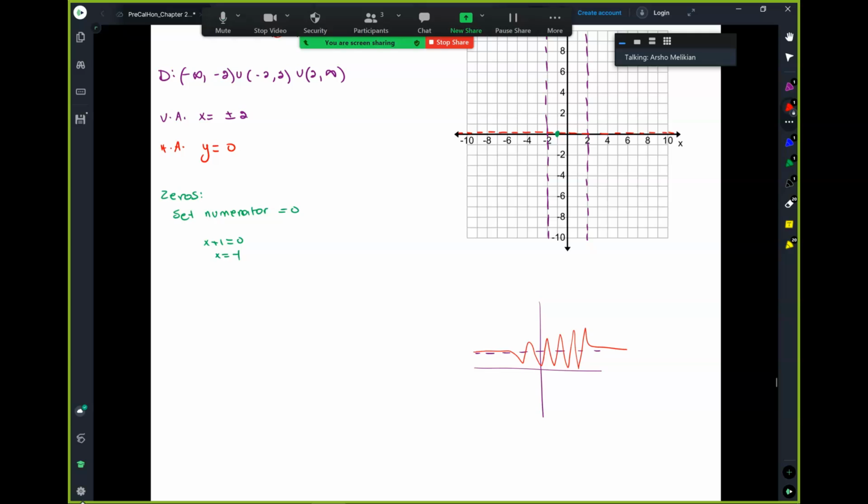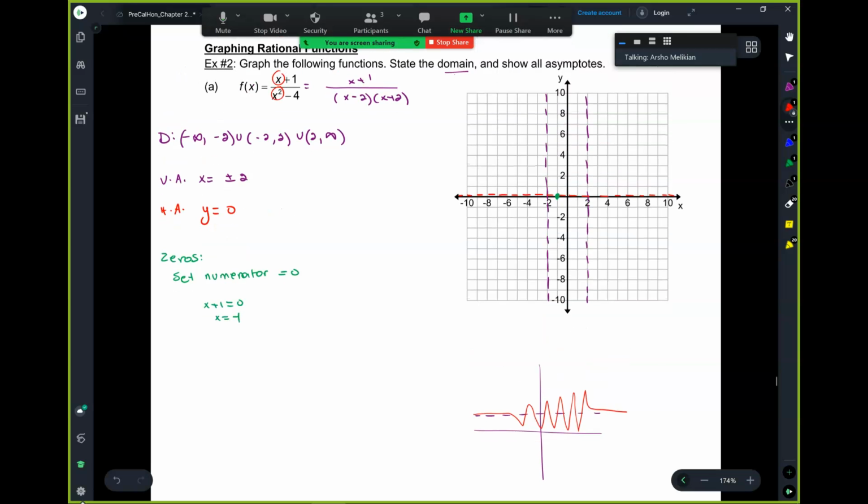This is a subtle thing, and over the years I've even seen math teachers get this wrong sometimes. It's subtle, but it's an important thing. So here we go.